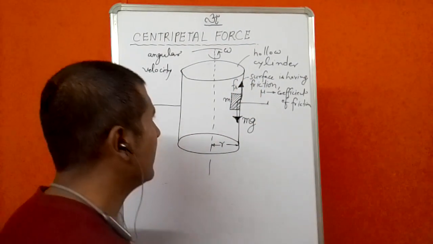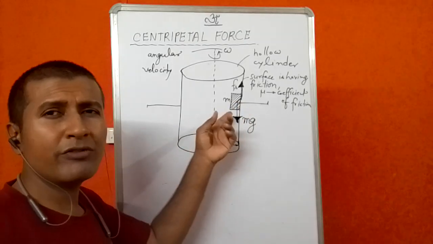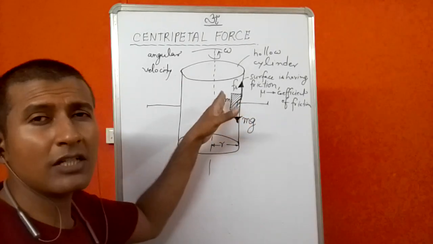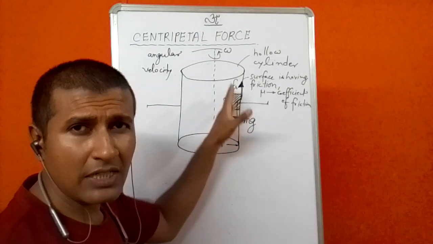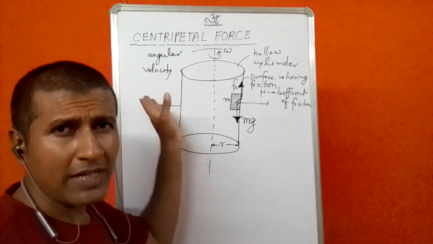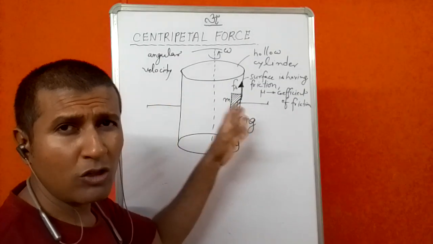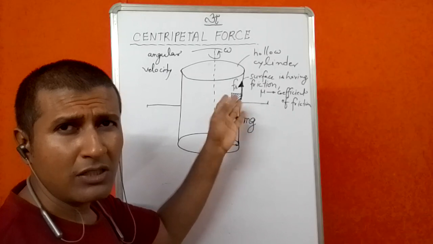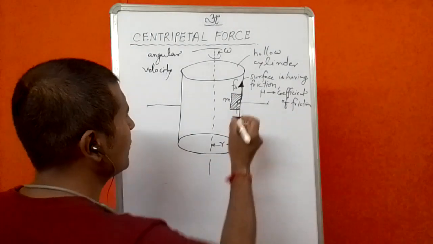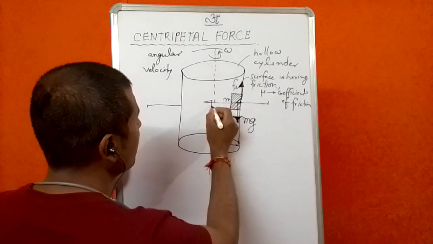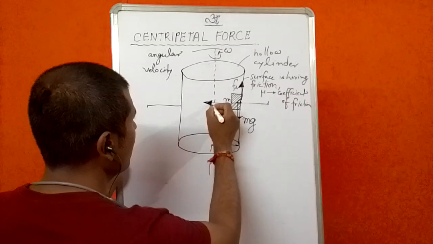Right? Now, is there any other force? Yes, of course, because this body is in contact with the surface of the cylinder, so there will be a reaction force or the normal force from the surface, right? So it will be in this direction, correct?